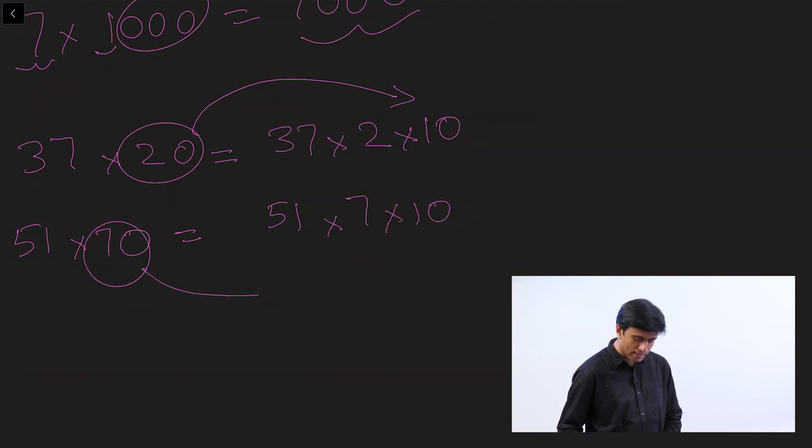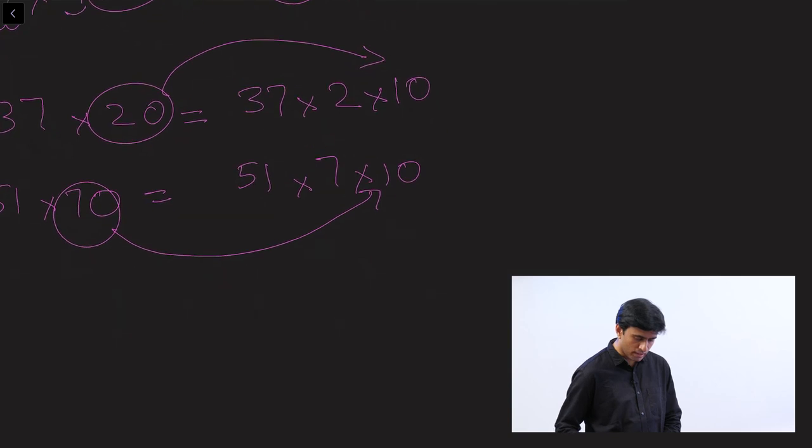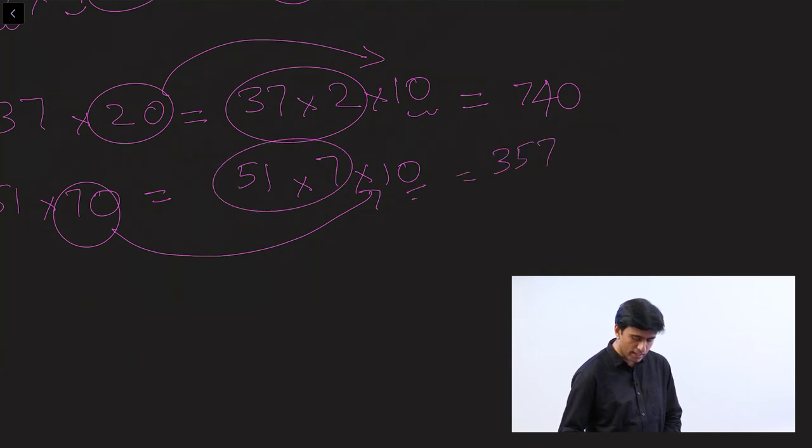And 70 is written as 7 into 10, so you do 51 into 7 into 10. All you need to do next is just do 37 into 2. 37 into 2 is 74. And then put a 0. 740. How about 51 into 7? It is 357. And you put a 0.